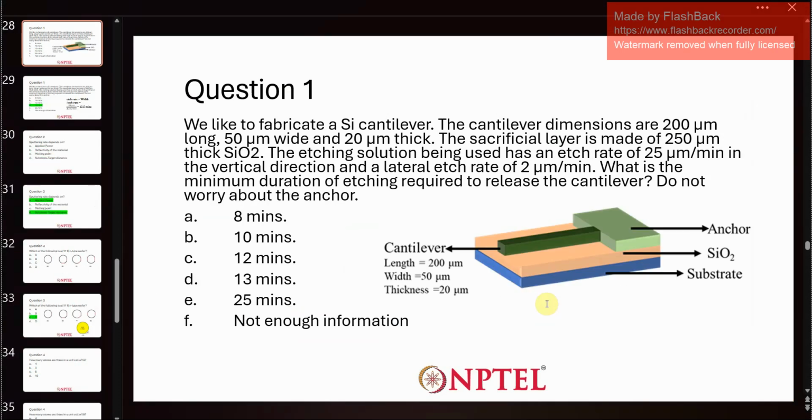So what is happening is you have a cantilever. The cantilever can be of any material, but in this case you have a substrate and a SiO2 layer. On this, the cantilever has been sputter coated. Now your main aim is to remove the SiO2 layer so that you can release the cantilever, so that the actual cantilever can move and you can do the detection.